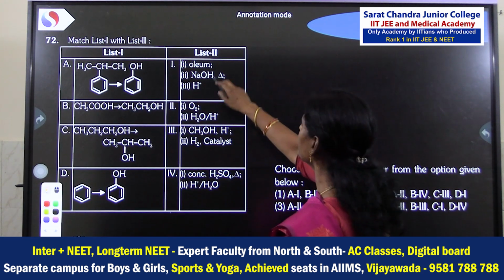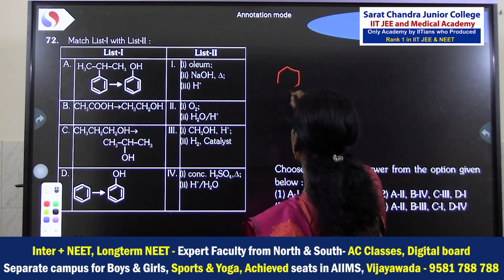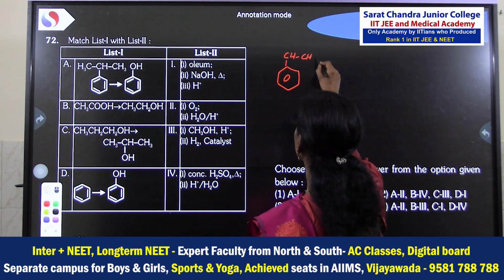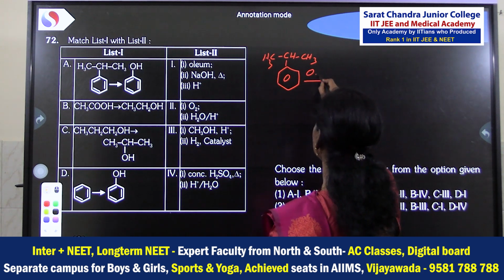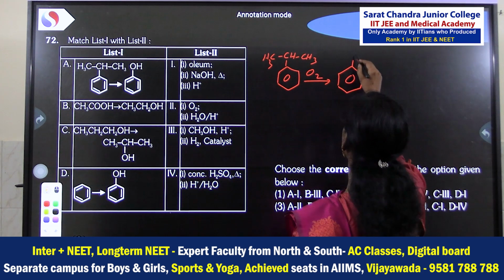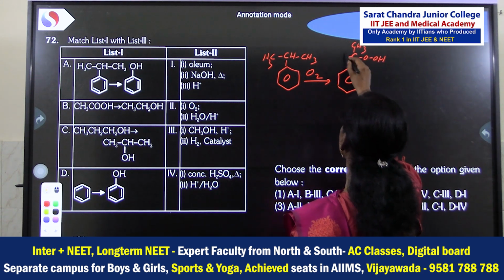So when isopropyl benzene, also known as cumene, is treated with air or oxygen, it is oxidized to cumene hydroperoxide.